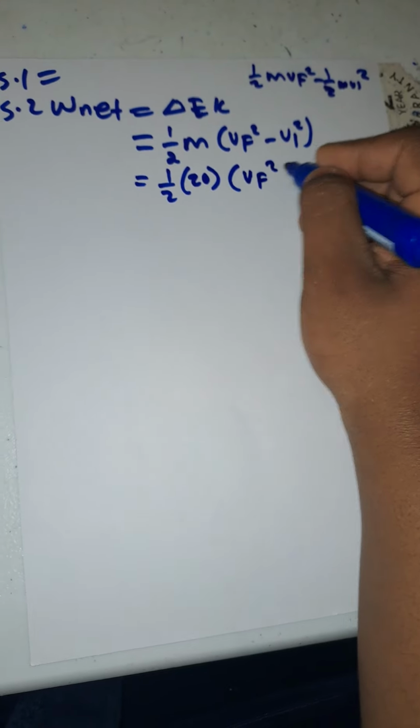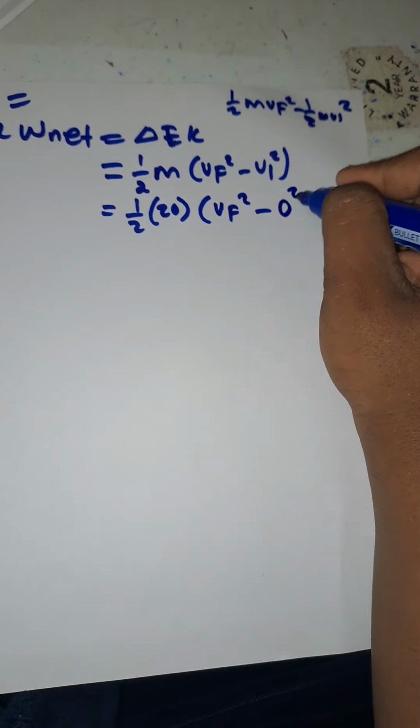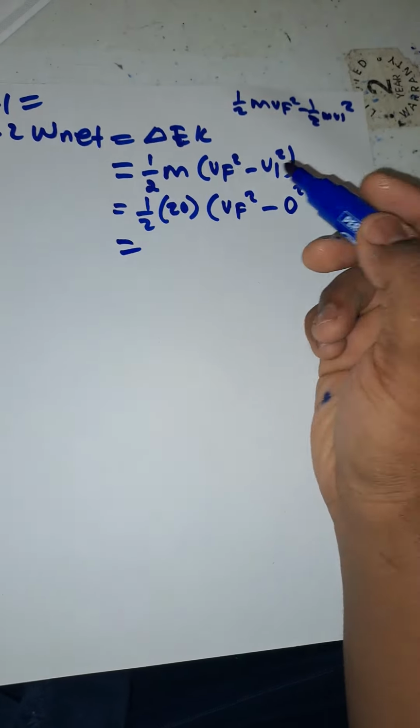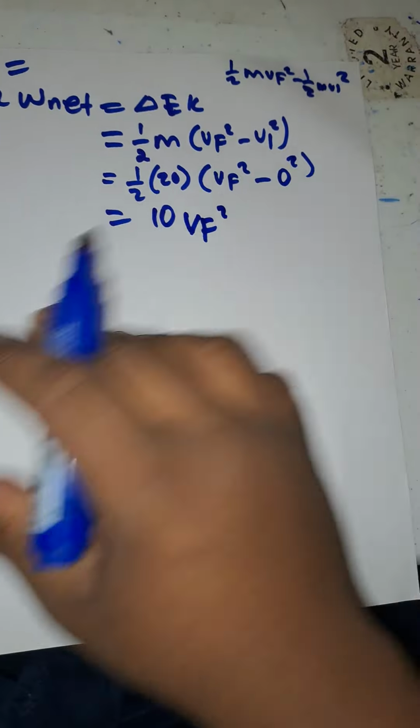My Vi is 0 meters per second, because you're also told in the statement. So half times 20 is 10. 10 Vf squared, because that one times 0 is 0.